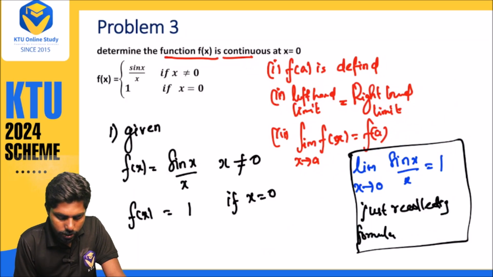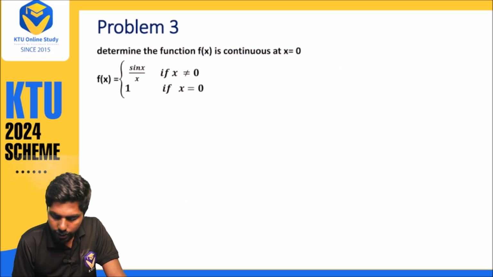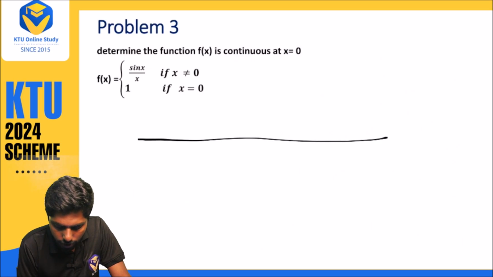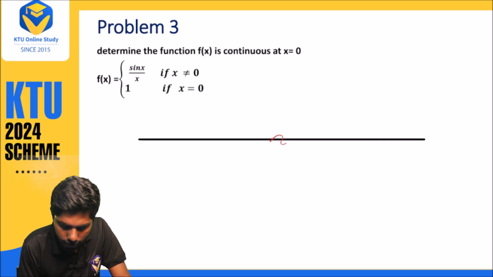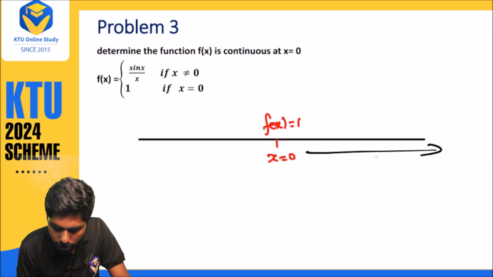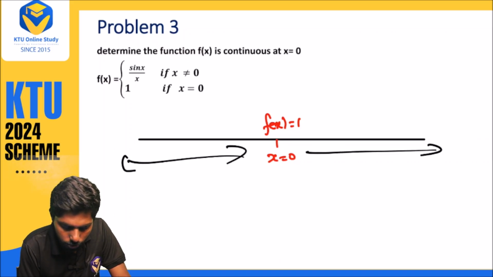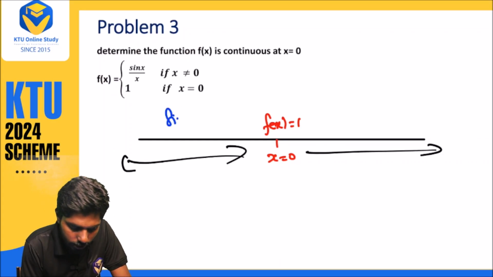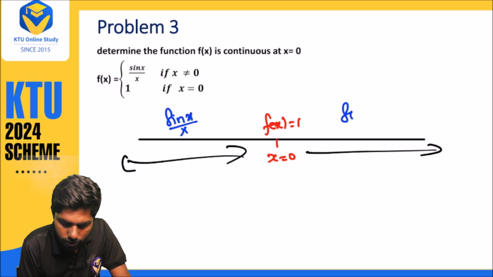Okay, so the next step is the diagram. What is the diagram they have given? They have mentioned that x is equal to 0 when f of x is equal to 1, and if it is not equal, they are indicating both directions, this direction and this direction, that sin x divided by x is our f of x.